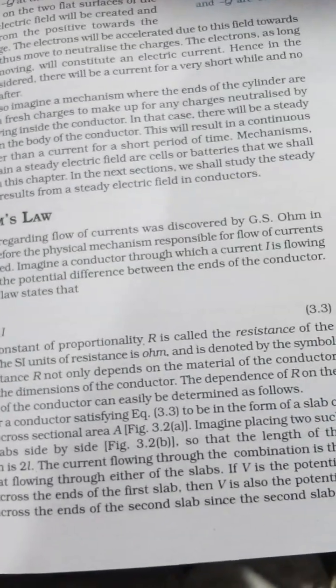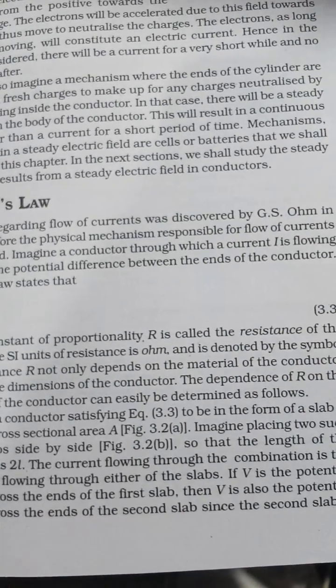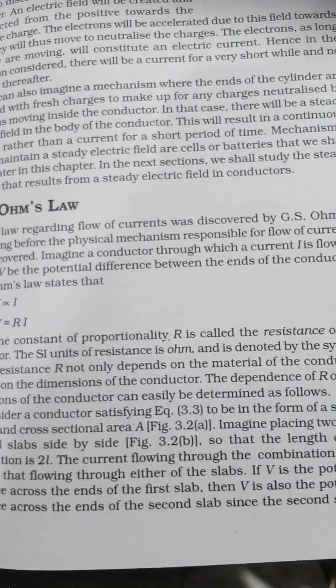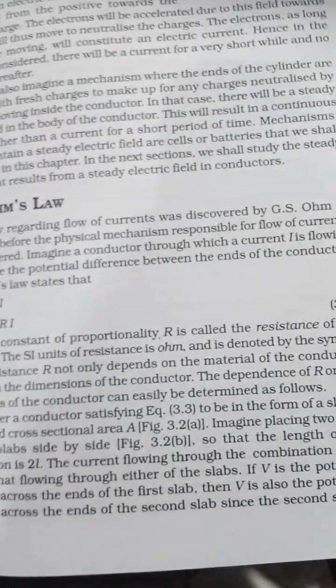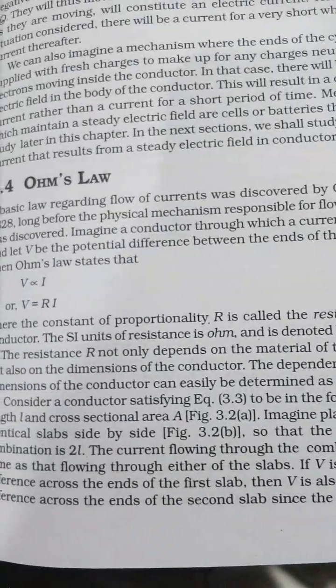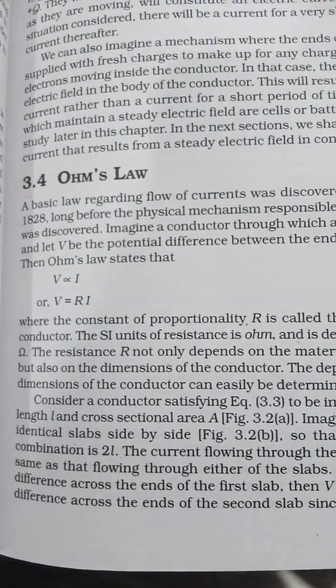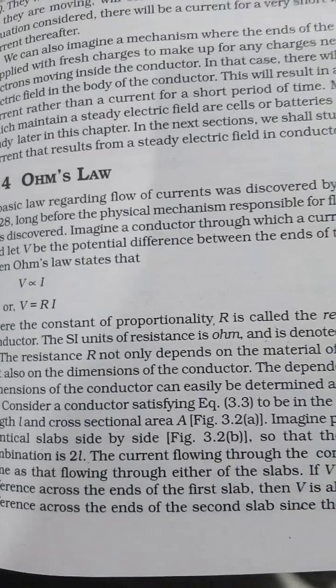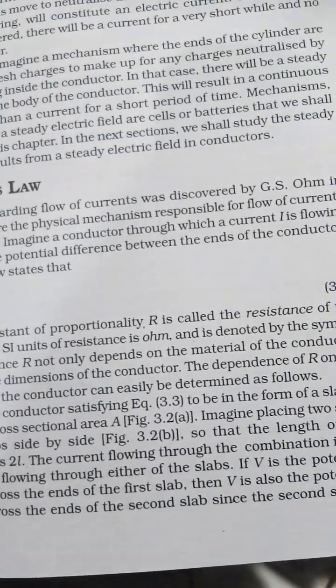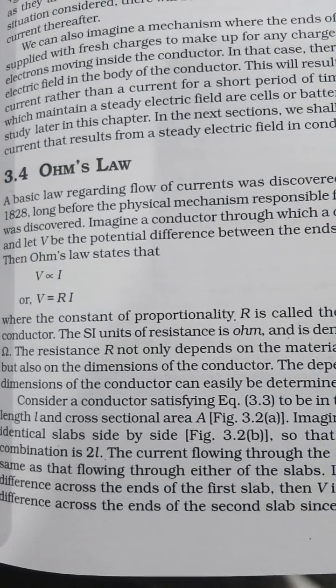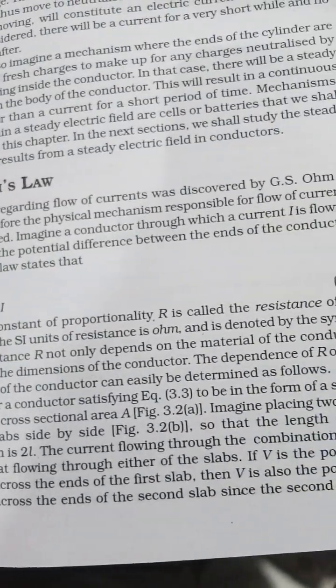Flow of currents will be discussed by me, and when we discuss it, Ohm's law will be required for your understanding. That is known as Ohm's law. Imagine a conductor through which current I is flowing, and let V be the potential difference between the ends of the conductor.